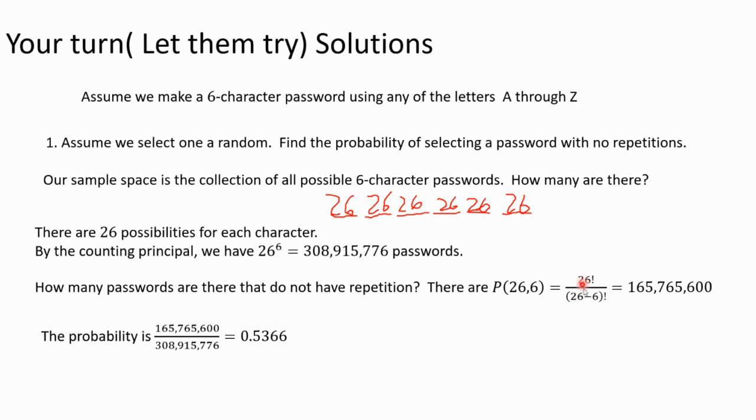And that becomes this. And so the probability then is this number divided by this number, which turns out to be this. Okay. So that's what we're looking for. Are there any questions on this one?